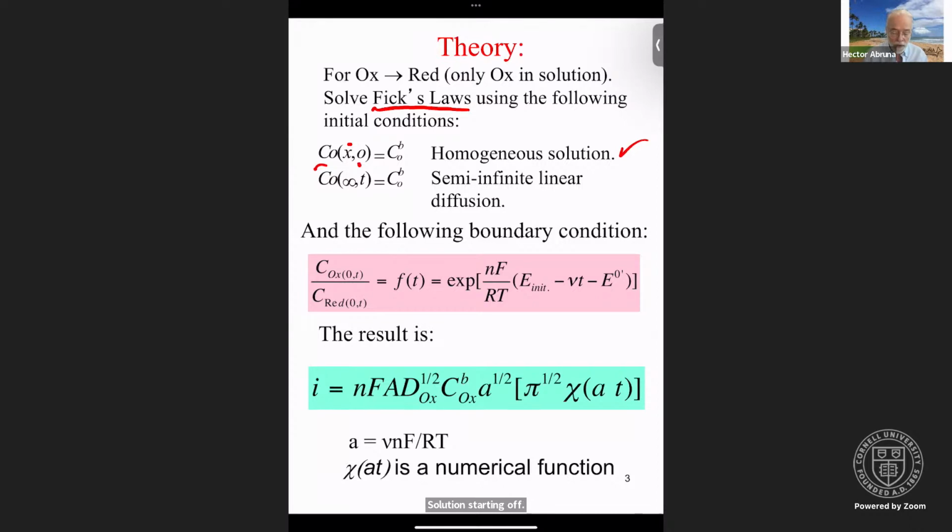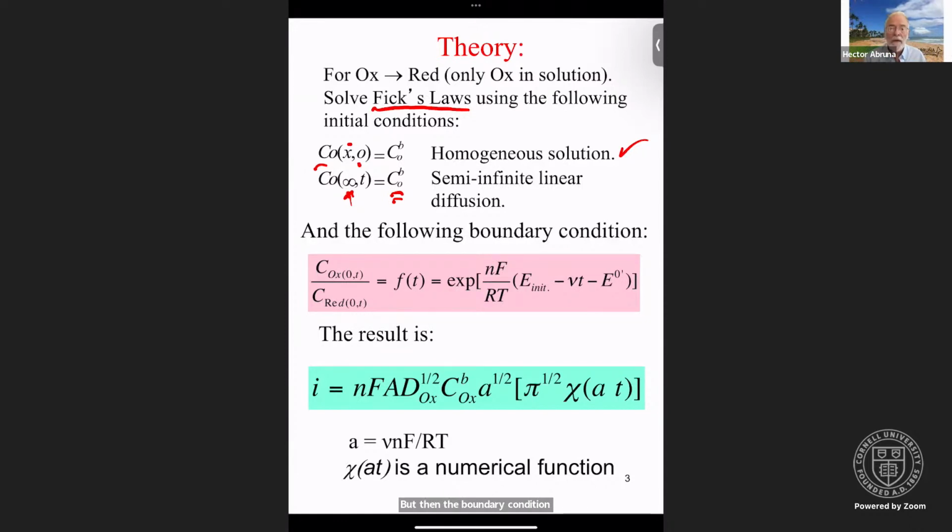A boundary condition we've also seen before: at infinite distance, let's say 100 microns or so, at any time, we're back to bulk concentration, the condition of semi-infinite linear diffusion. But then the boundary condition gets a little more involved.